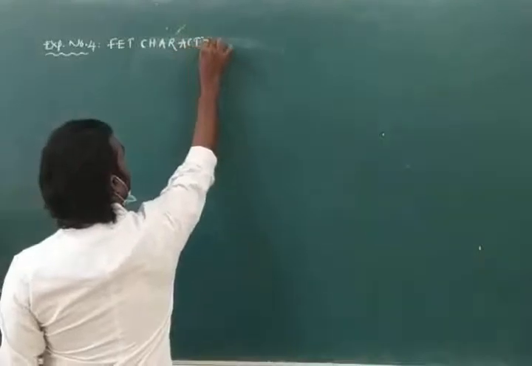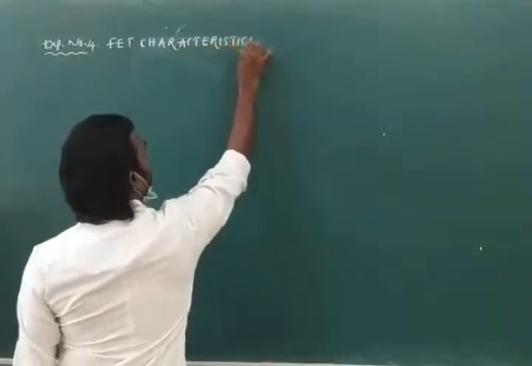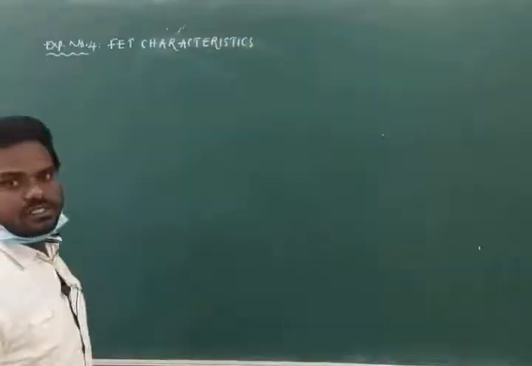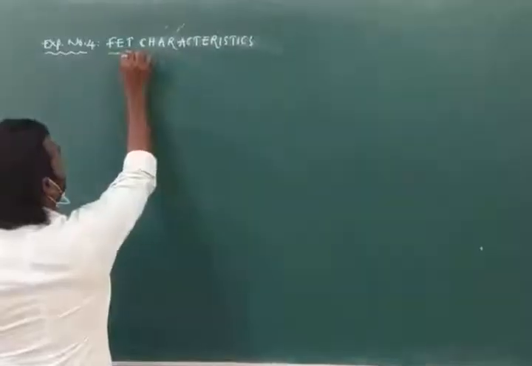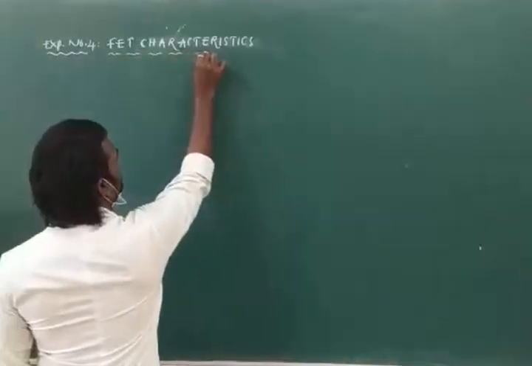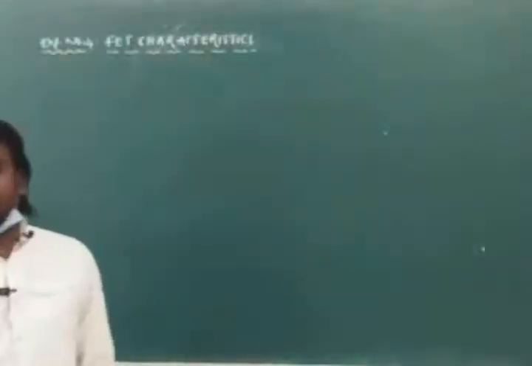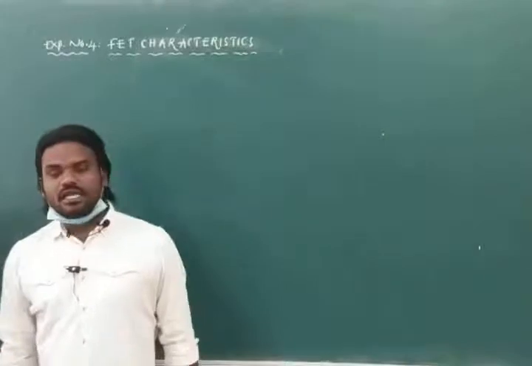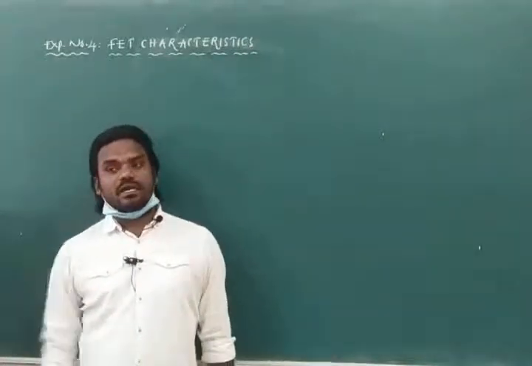So we have 2 types of transistors in the syllabus. One is BJT, that is bipolar junction transistor. Another one is FET, that is field effect transistor. In the last class we studied the VI characteristics of common emitter configuration.